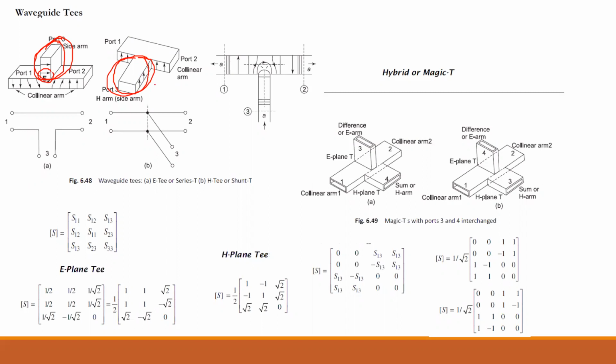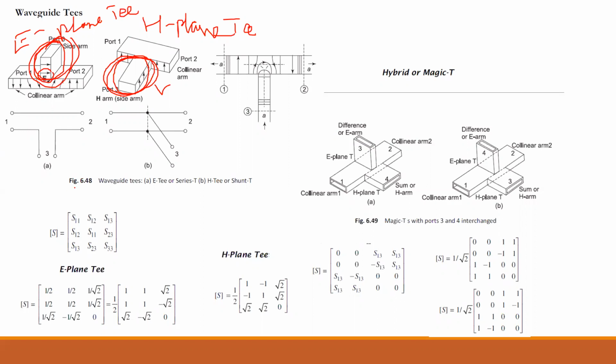This one is called the H plane T, in which the arm will have the magnetic field, and this one is called the E plane T, because the side arm displayed contains the electric field. So these are a few things to mention.